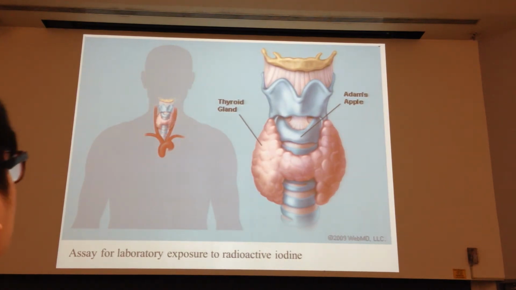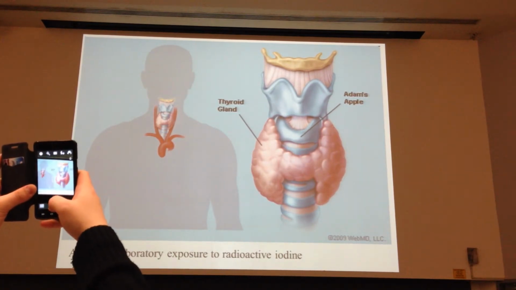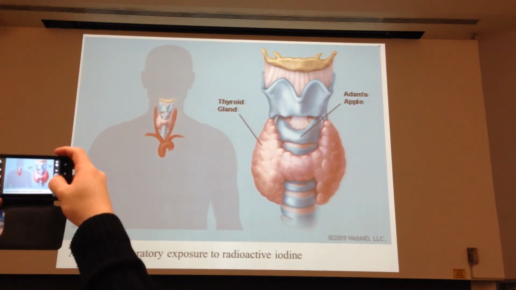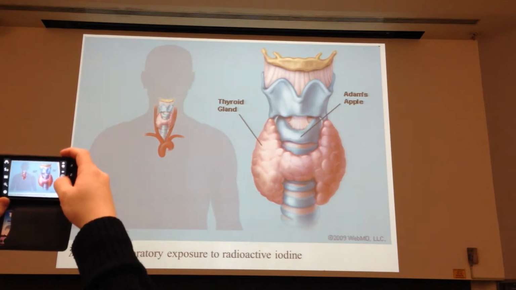All right, now your thyroid gland is in your neck, around your windpipe there. And this hormone exists there in the thyroid gland, the thyroxine, the one that's made out of tyrosines.